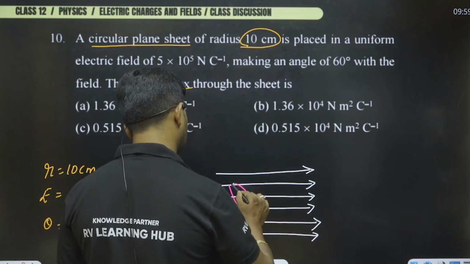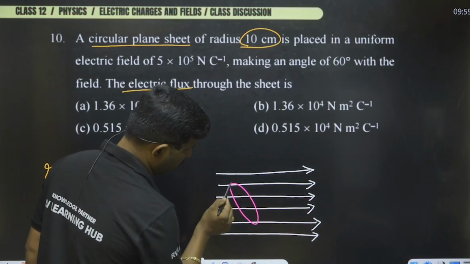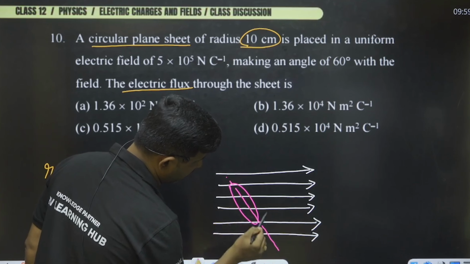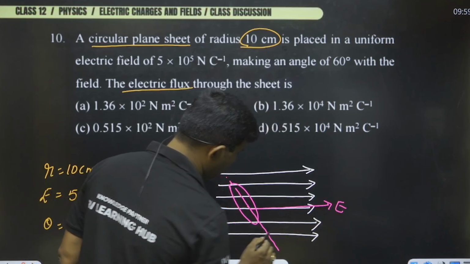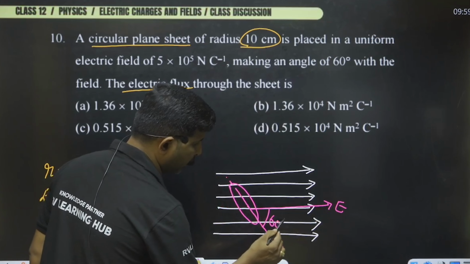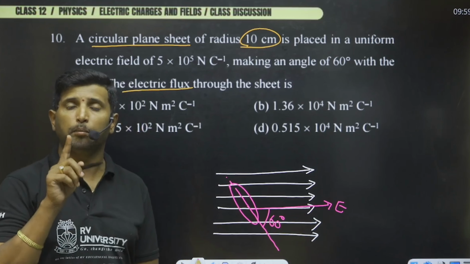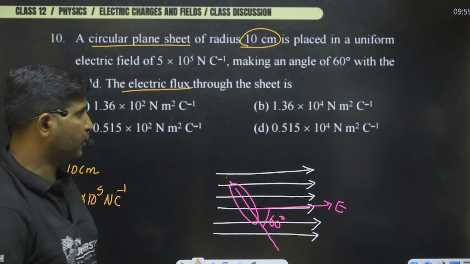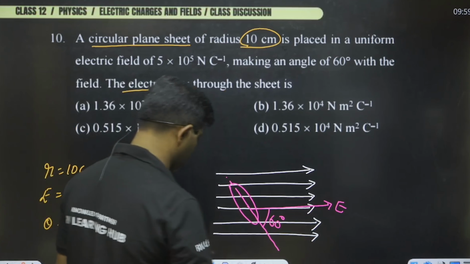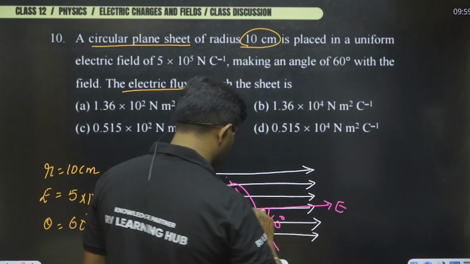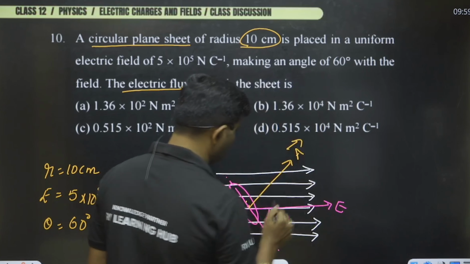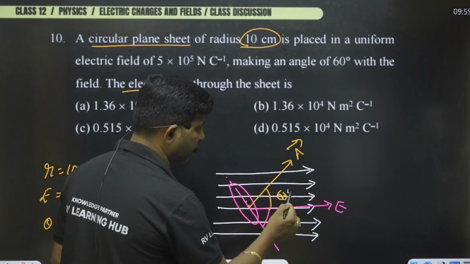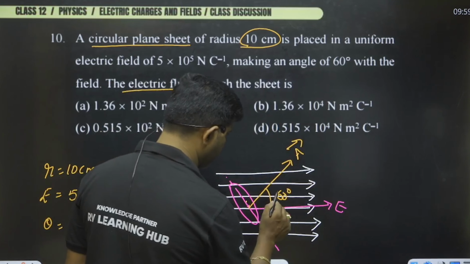Observe this here. This is the electric field, and the plane of the coil is making an angle 60 degree. That is the meaning of the question here. Therefore, what will be the area vector here? The area vector will make an angle 30 degree.